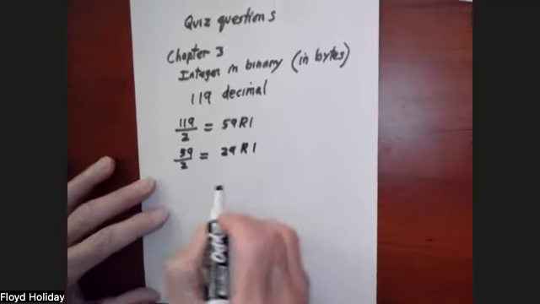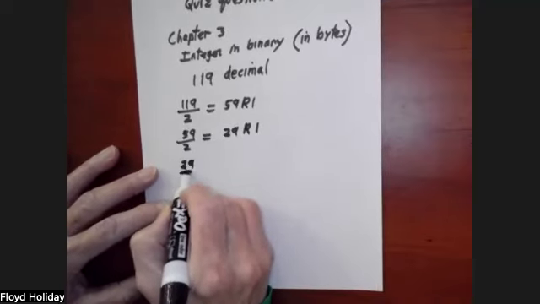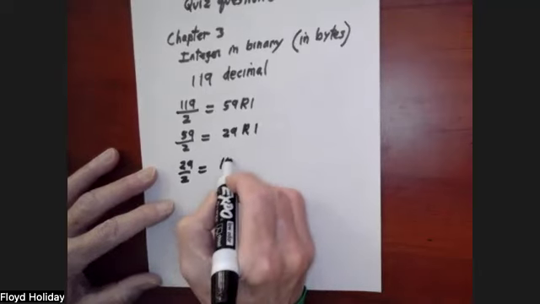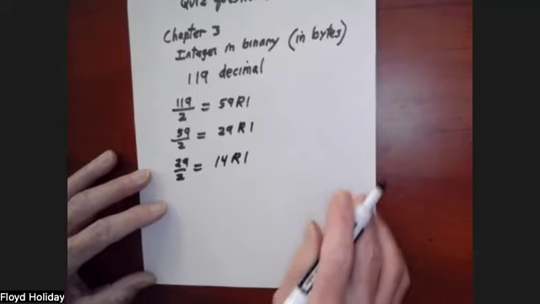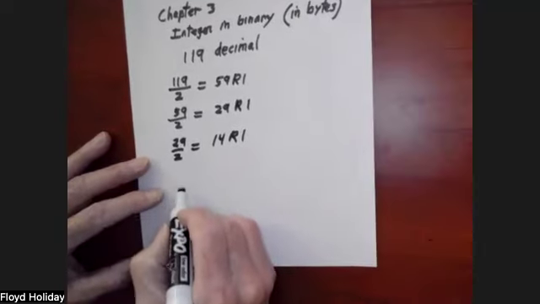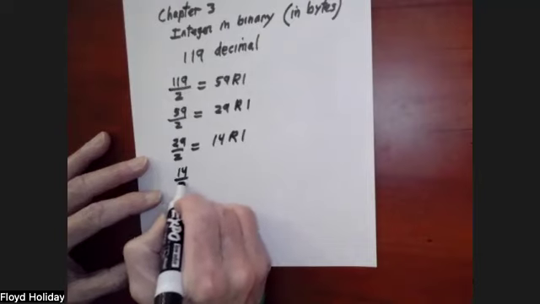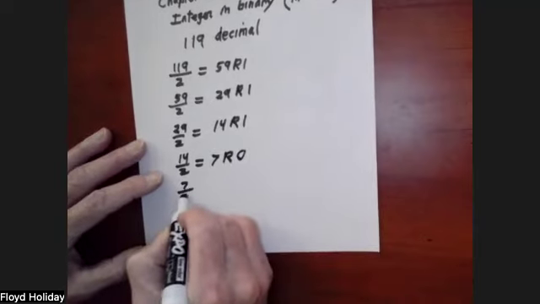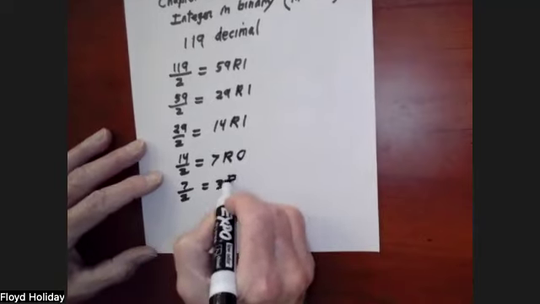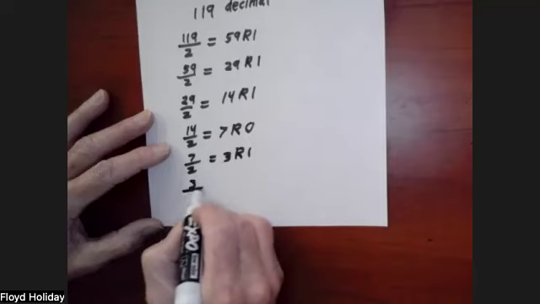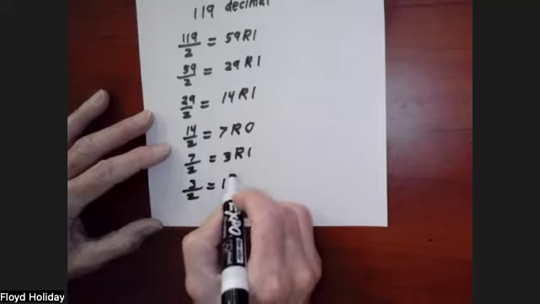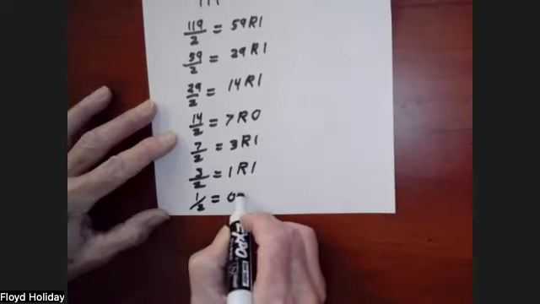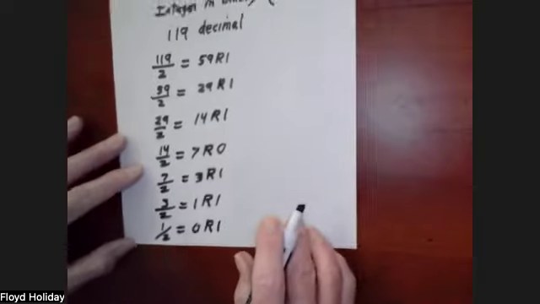The remainder is 1. 29 divided by 2 is 14, remainder 1. 14 divided by 2 is 7. Remainder is 0. 7 divided by 2 is 3. Remainder is 1. 3 divided by 2 is 1. Remainder is 1. 1 divided by 2 is 0. Remainder is 1.